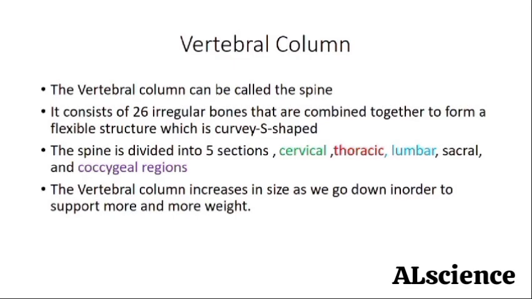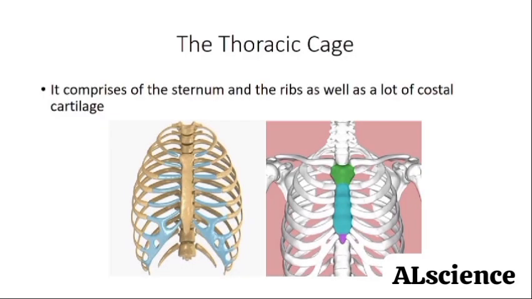The spine is divided into 5 sections, which are the cervical vertebrae, the thoracic vertebrae, the lumbar vertebrae, the sacral region, and the coccyx. The vertebral column increases in size as we go down in order to support more and more weight.